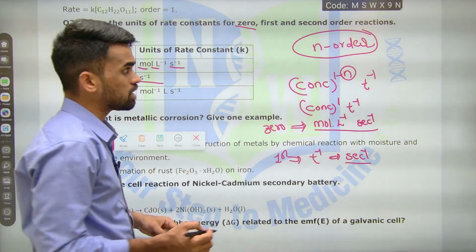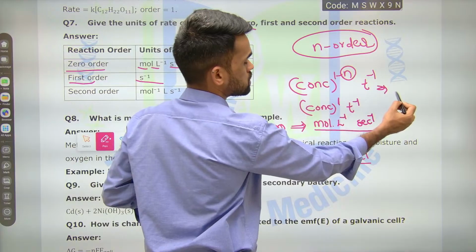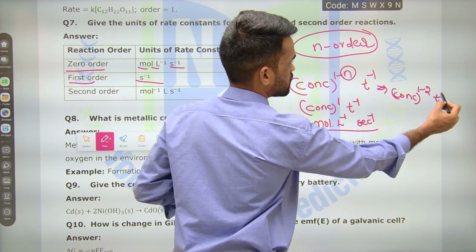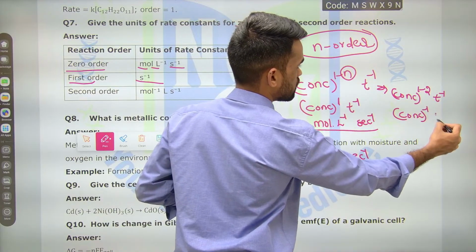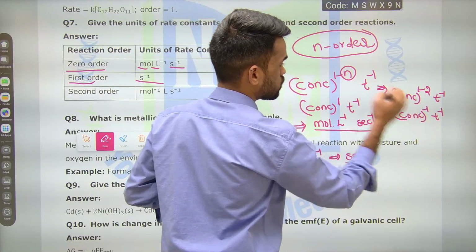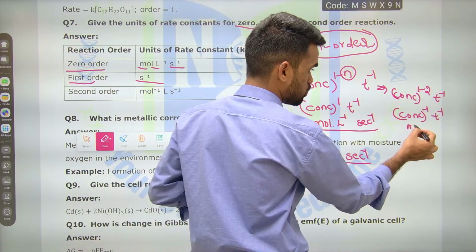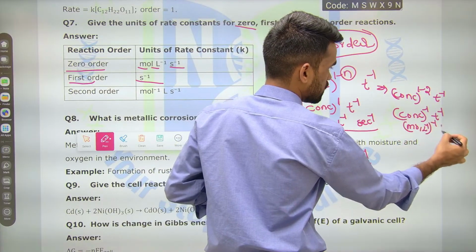Now for second order, you tell me. The n value is 2 now. So concentration to the power 1 minus 2, time inverse, gives concentration to the power minus 1, time inverse. Concentration, that is molarity, is mole per liter, to the power minus 1, and time inverse.